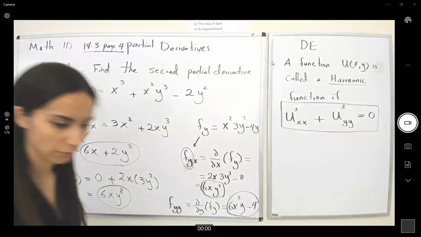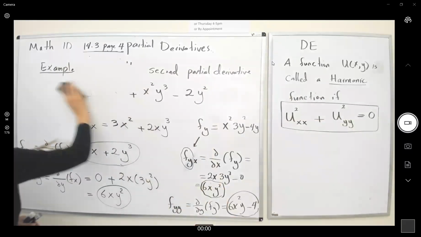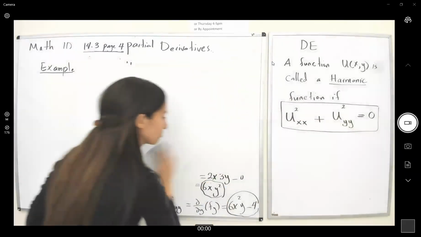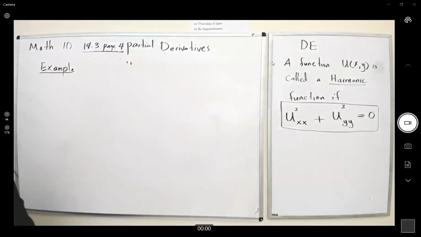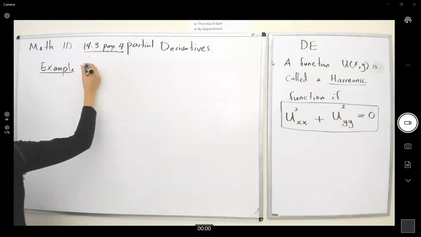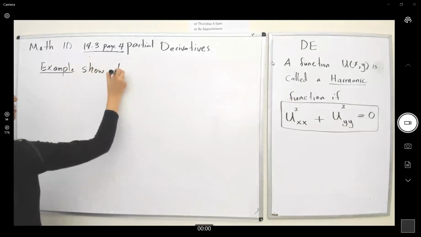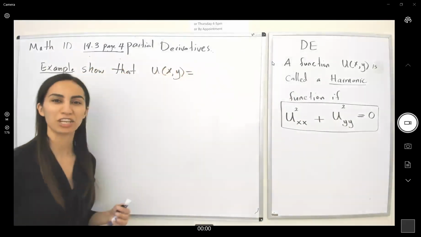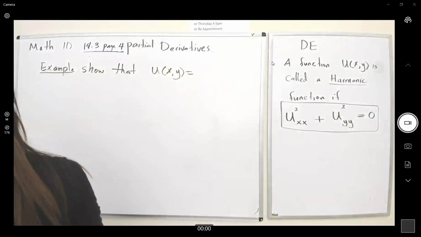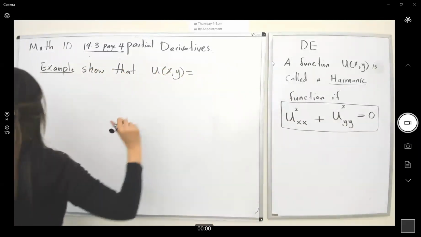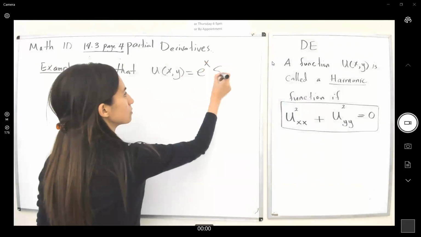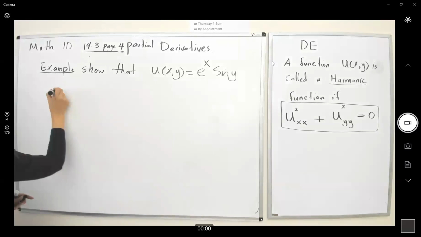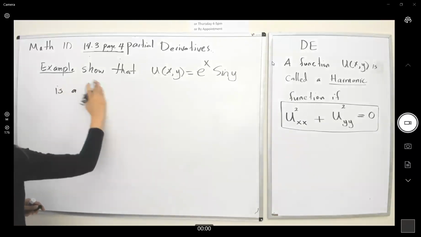Let us go over one example together. Show that u of x and y, a function in two variables, like e to the x sine y, is a harmonic function.